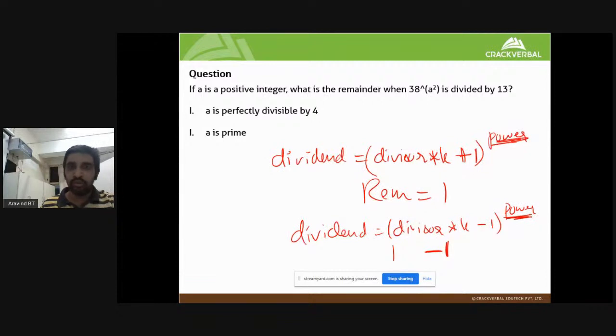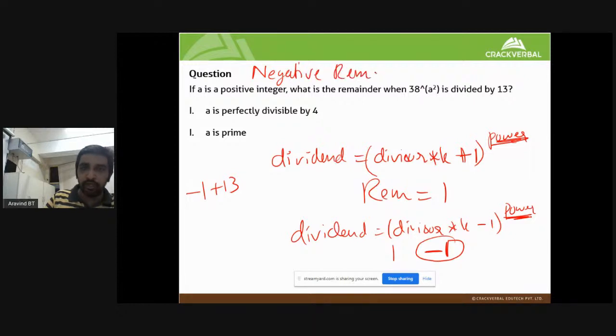As I told you, there is no concept of negative remainders. So what do we do with this minus 1? When we get a minus 1, we add it to the divisor. So remember, if you get a negative remainder, you have to add it to the divisor to get the actual positive remainder.